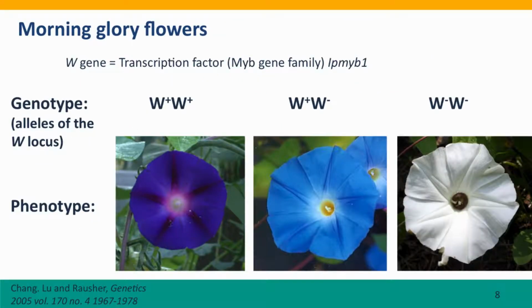Here's our white-flowered morning glories, where individuals homozygous for the defective allele are white, individuals homozygous for the normal functional allele are deep blue, individuals heterozygous for the two alleles are an intermediate color. They're light blue. So we would say that the W plus and W minus alleles show blending in the heterozygote.